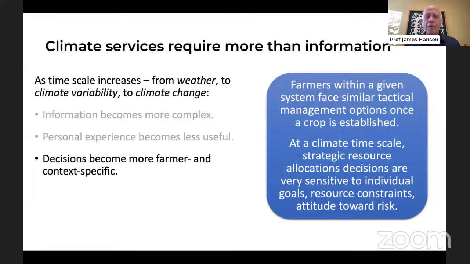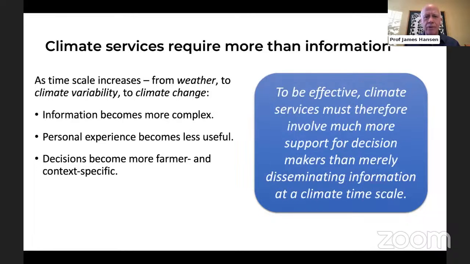And those sorts of farm level resource allocation decisions are very sensitive to differences in individual goals, individual resource constraints, individual attitudes towards risk. So if you look at these together, climate services, if they're going to be effective in the case of agriculture, require a lot more support for decision makers than merely disseminating information at a climate timescale.